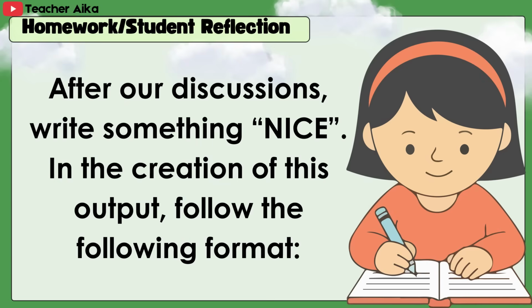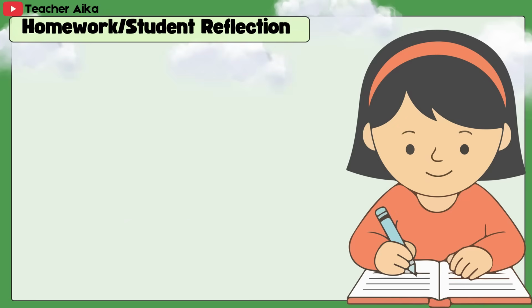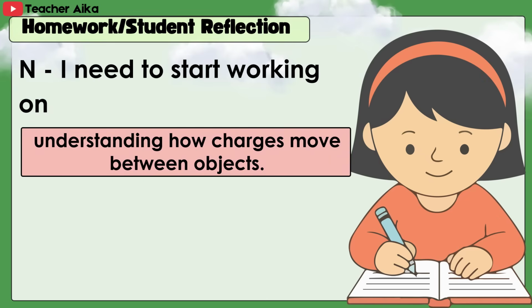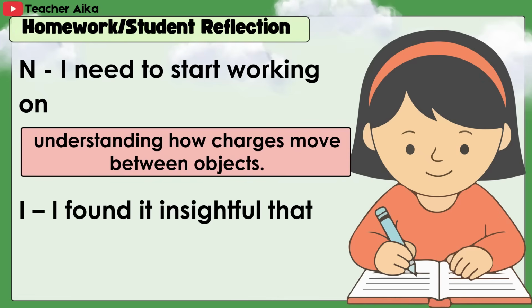Homework or student reflection. After our discussions, write something about what you learned. Follow the following format. N. I need to start working on understanding how charges move between objects.